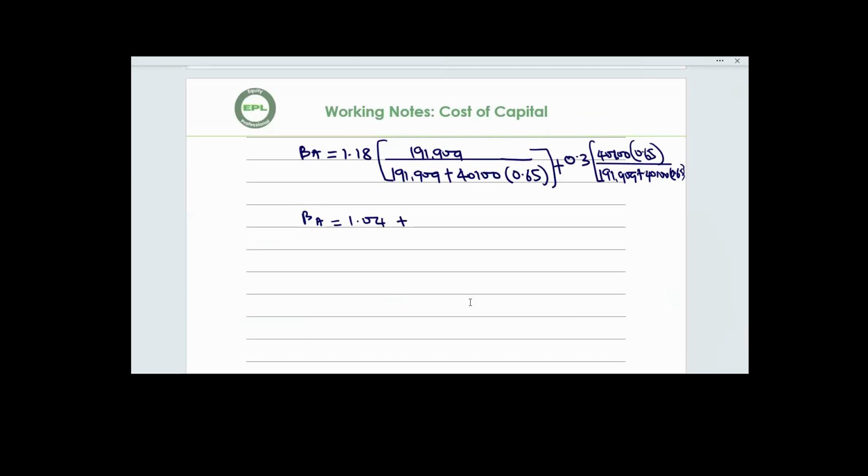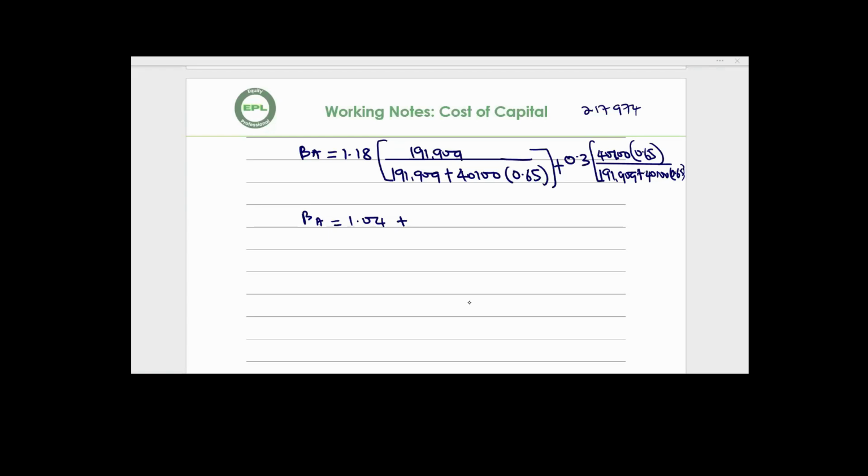I would then say 0.65 multiplied by 4,100, plus 191,909, that's 217,974. Then 0.65 multiplied by 4,100 divided by 217,974, multiplied by 0.3.